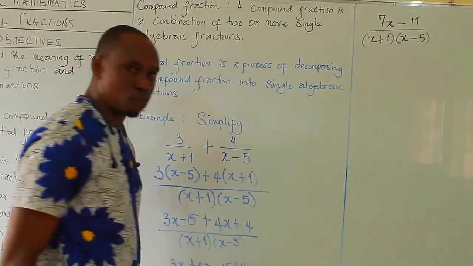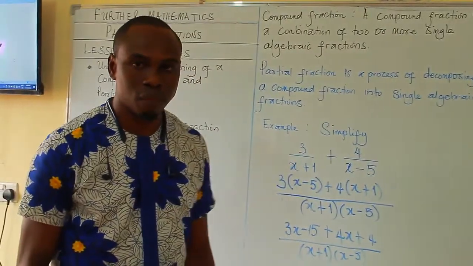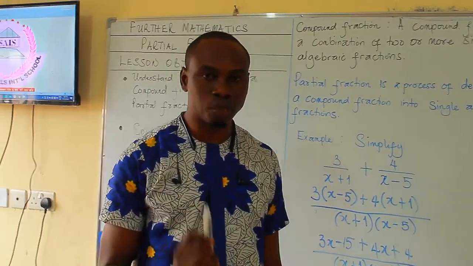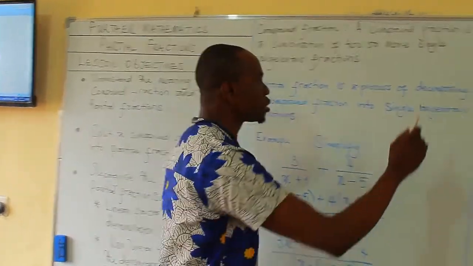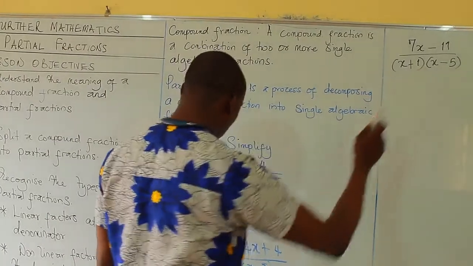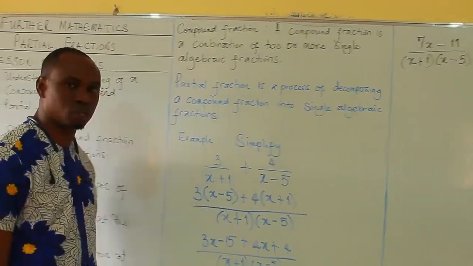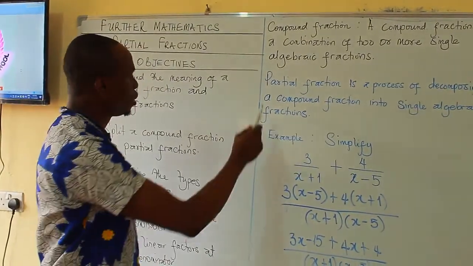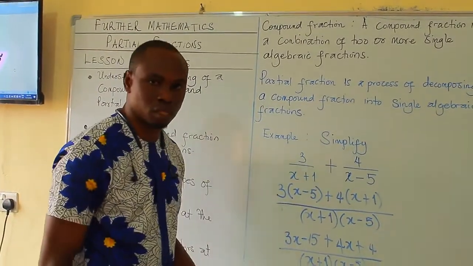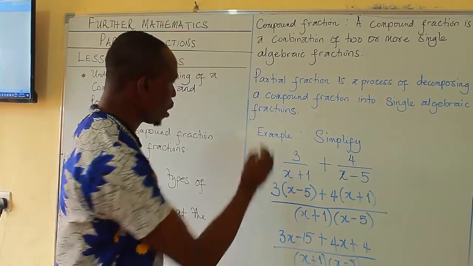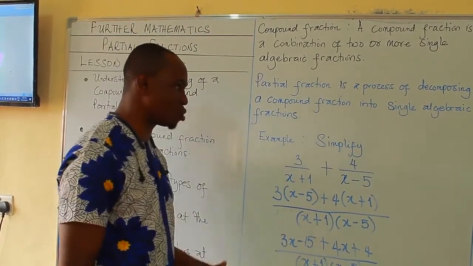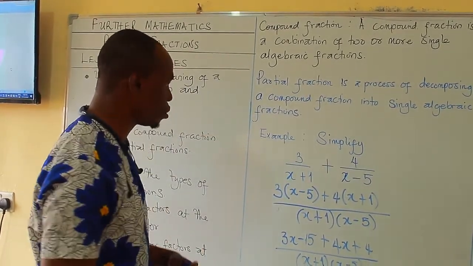Now the idea of partial fraction is how I am going to split this compound fraction back to its original single fractions. We say that partial fraction is a process of decomposing a compound fraction into single algebraic fractions.